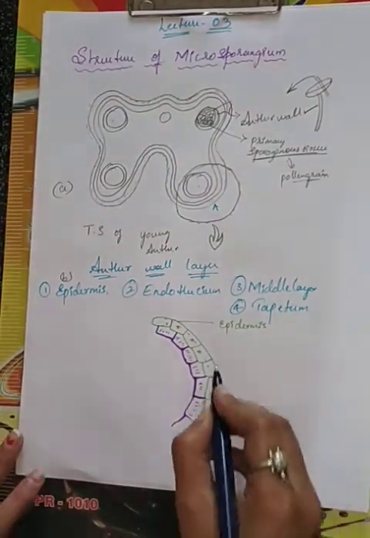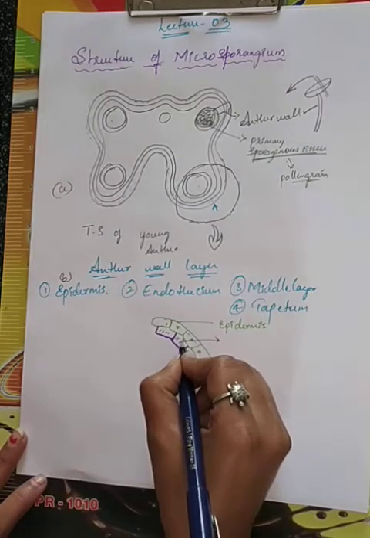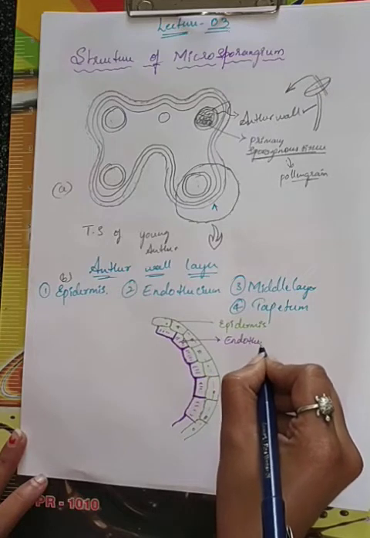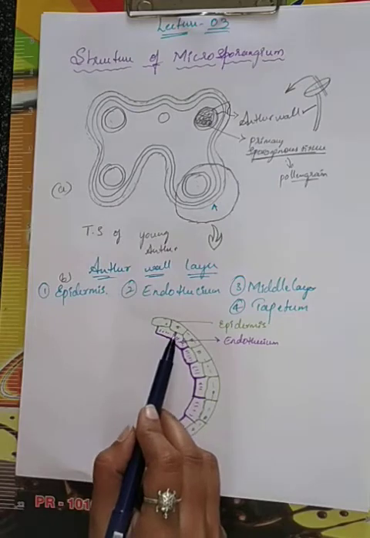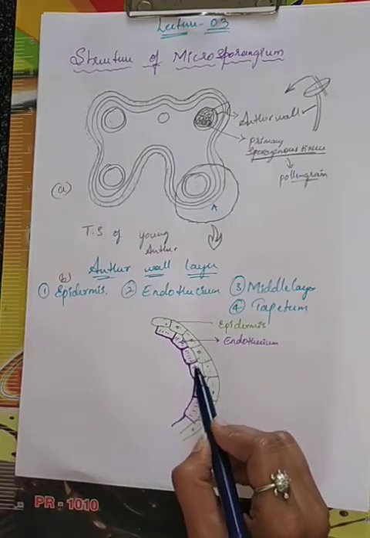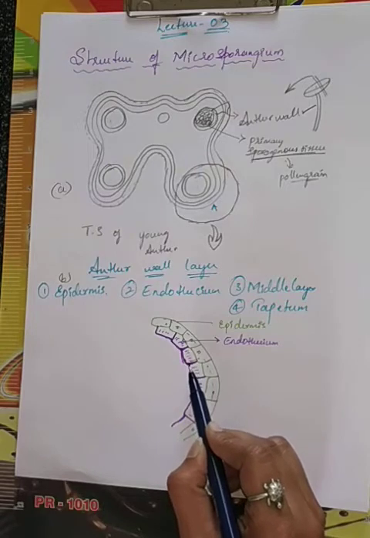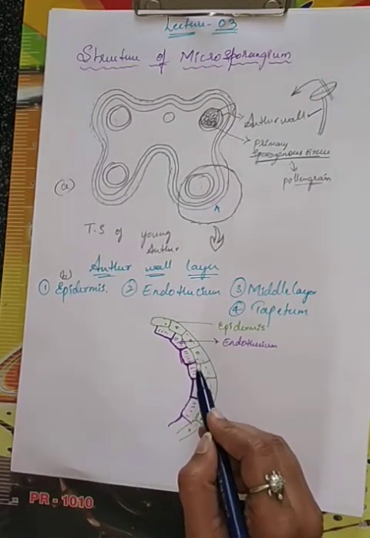This layer is endothecium: inner wall layer and radial wall, these are thicker, only the outer layer is thin.